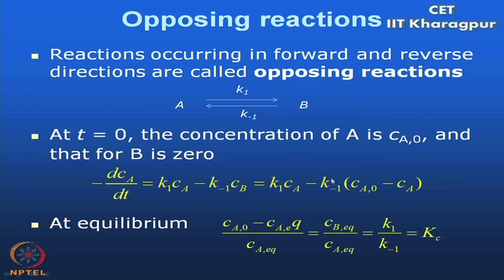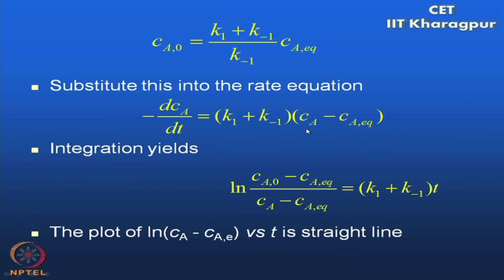What was the rate equation? The rate equation was this. Okay. So, if you substitute this into the rate equation, that is, if you replace Ca0 in terms of Ca equilibrium, the equilibrium concentration of A, then you will be getting this expression.